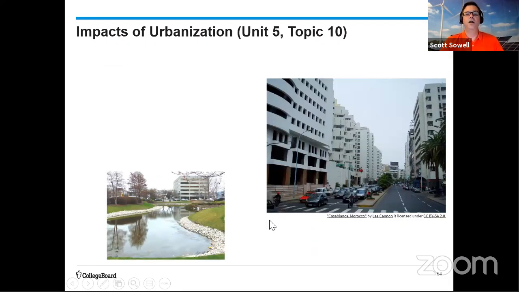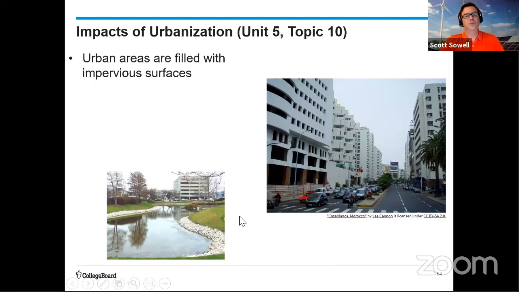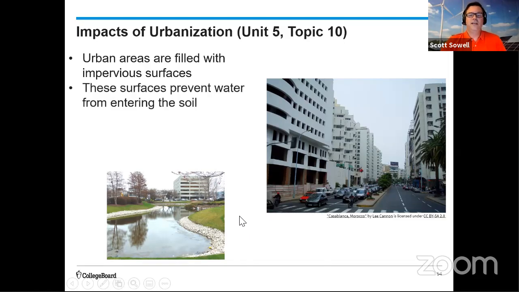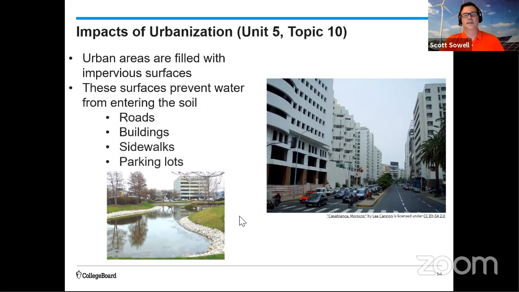All right, so this urbanization and urban sprawl, one of the most unique things that we really don't think about a lot is just the amount of impervious surfaces we make. So all of these roads and buildings and sidewalks and parking lots, if those were not there, rainwater would simply infiltrate into the ground and percolate down, and it would get back into the groundwater.